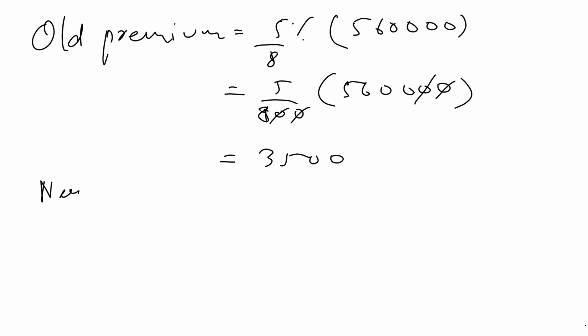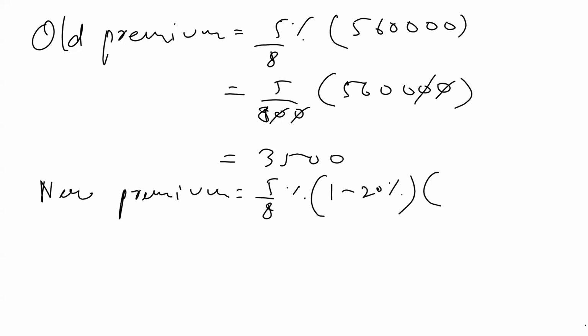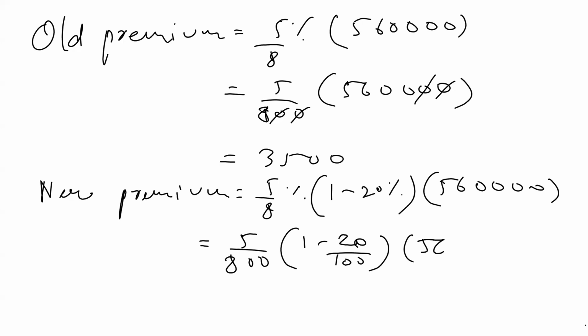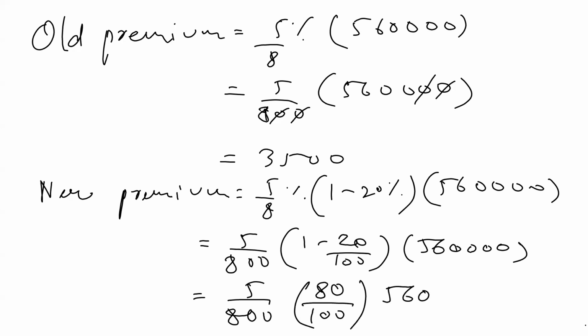New premium: new rate, 5 by 8%, 1 minus 20% of policy value. 5 by 800, 1 minus 20 by 100, into 5,60,000. So 5 by 800, 80 by 100, into 5,60,000.